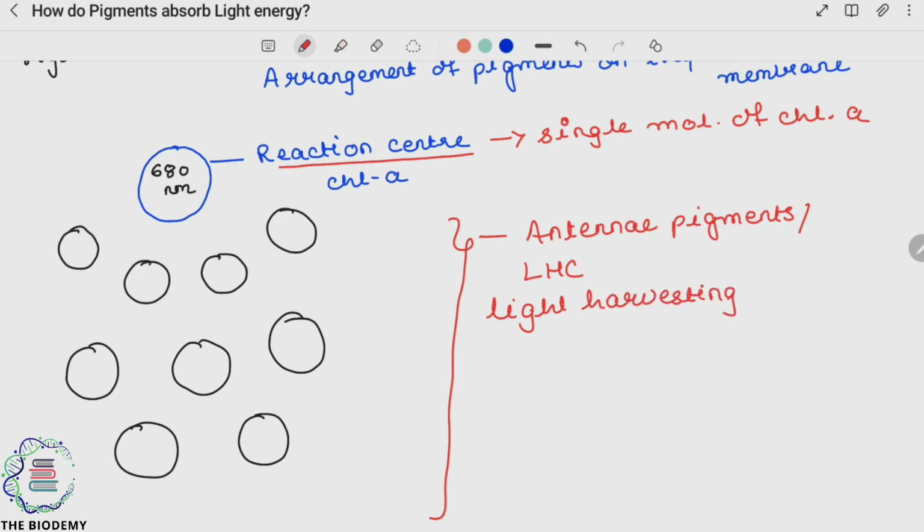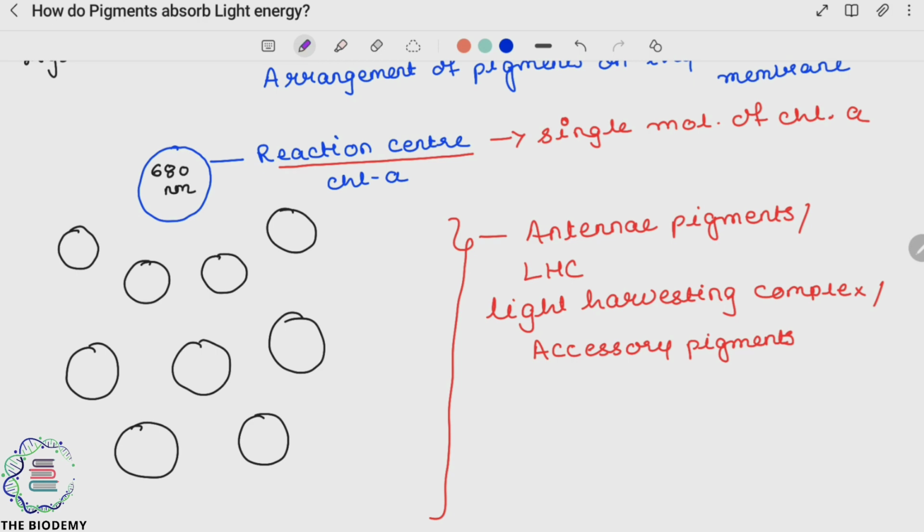Whether you call it antenna pigments, light harvesting complex, or accessory pigments, it's all going to be the same.